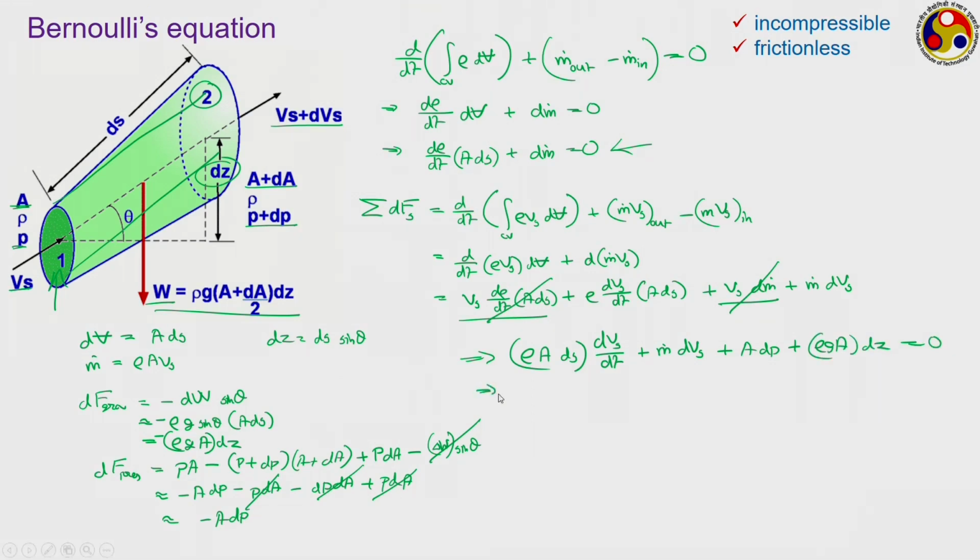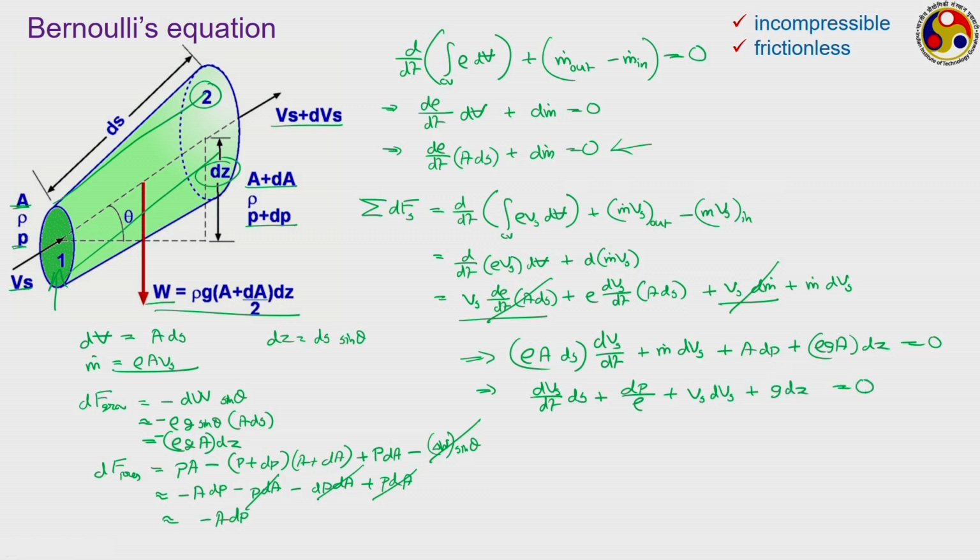If we divide everything by rho A, we have dVs/dt ds plus dP by rho plus, remember m dot is given by rho A Vs. So from there it is just Vs dVs plus G dz is equal to 0.